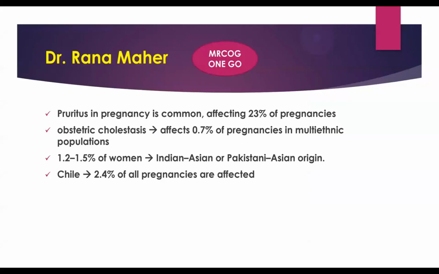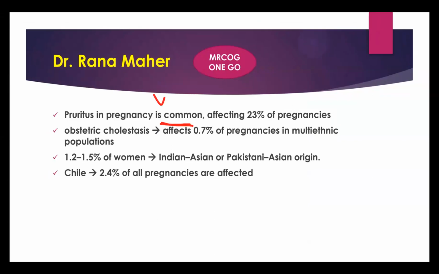Some important numbers, and to be honest with you guys, it's important for part 2 more than part 3. But it's good to have an idea about this, and also to have the answer for any unexpected question. Itching in pregnancy is very common, affecting around 23% of pregnancies.